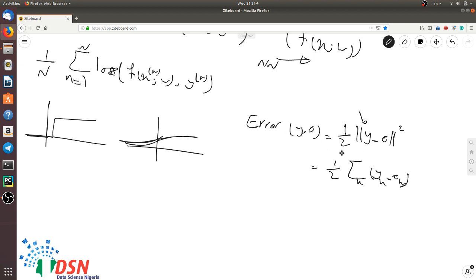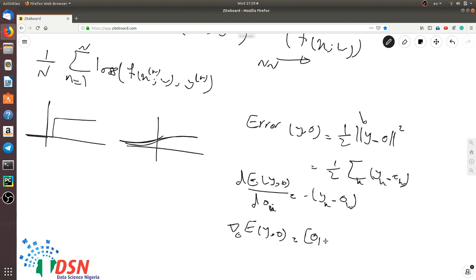This error function is differentiable, so we could calculate the derivative relatively easily, and we could write the gradient as O1 minus Y1 to OK minus YK.